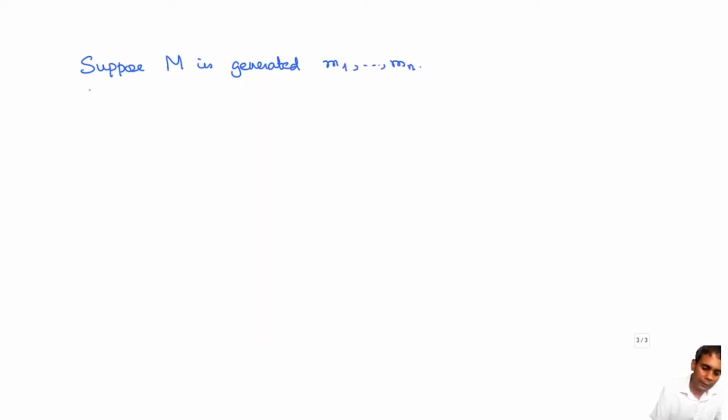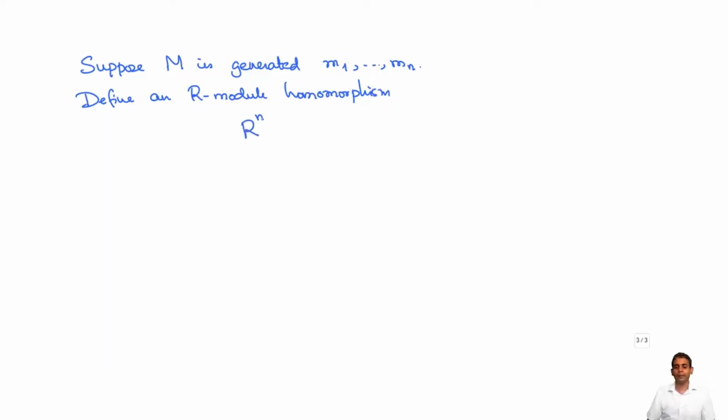And one observation about finitely generated R modules. So suppose our module M is generated by m1, m2, ..., mn. Then define an R module homomorphism from R^n, which is R direct sum R n times.